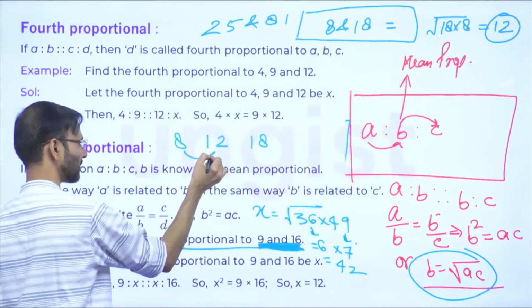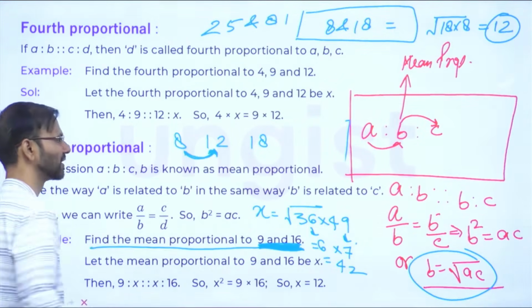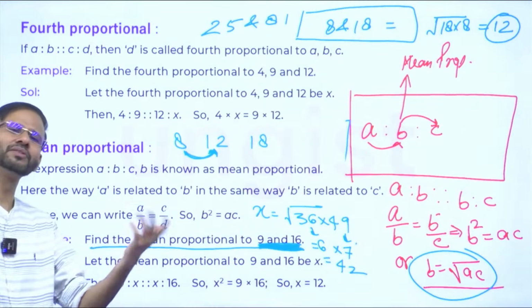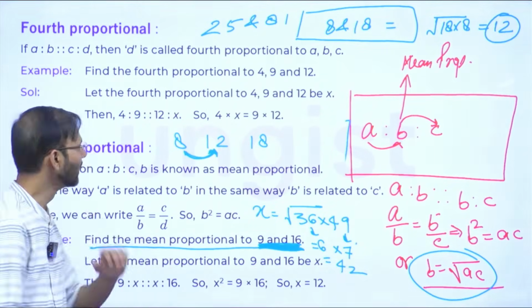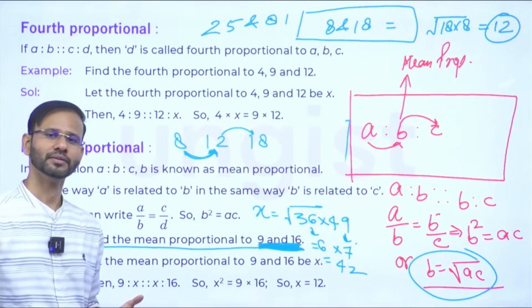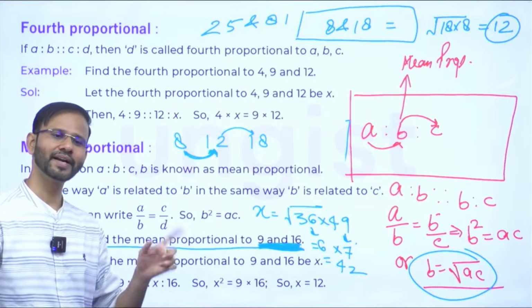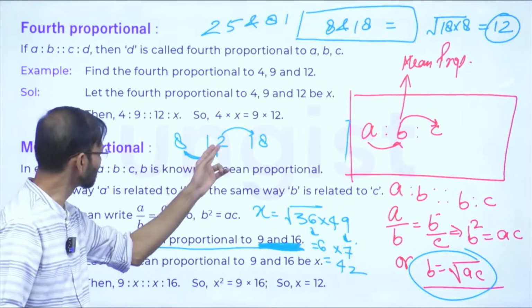Everybody just check out the relation between 8 and 12. What is the relation between 8 and 12? What is the ratio? 2:3, right? And what is the ratio between 12 and 18? Again, check it out. 12 and 18? Yes. This is 2:3 and this is 2:3.